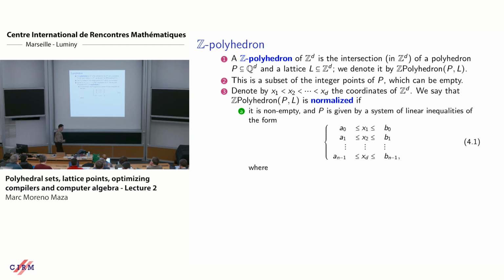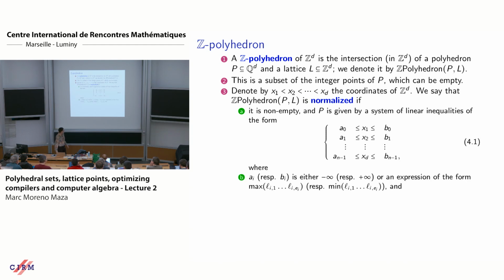So we call such Z polyhedral sets normalized. So they have the following shape. If the variables are denoted x1 through xd, we can present a description of the solutions as we can see, where the a_i are max expressions of linear polynomials, that is polynomials of degree 1 or constant, and the b_j are min expressions of also linear polynomials.